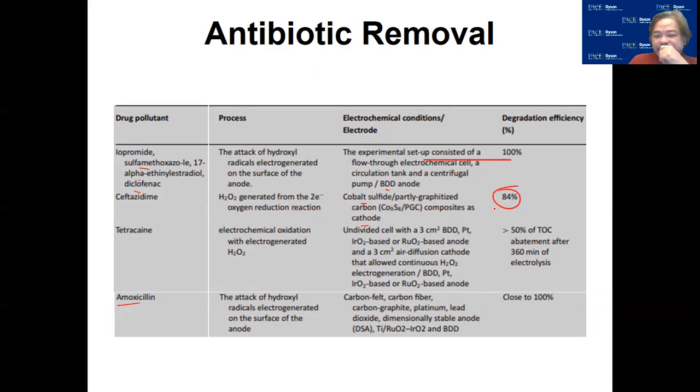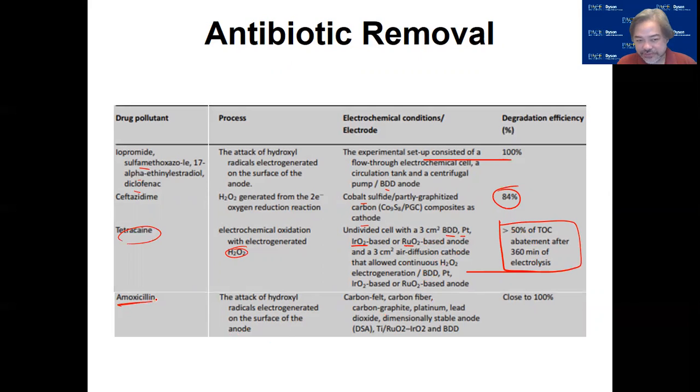They have 84% degradation efficiency. Tetracaine, with hydrogen peroxide generated. They used IrO2, iridium oxide, and ruthenium oxide together with BDD and platinum. There's 50% total organic carbon abatement after 360 minutes of electrolysis.